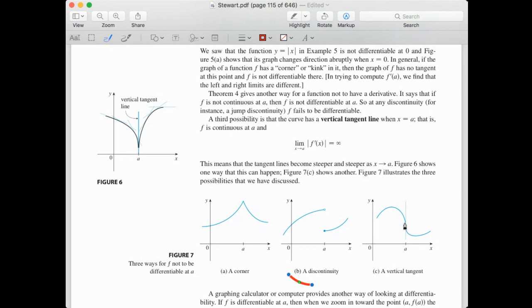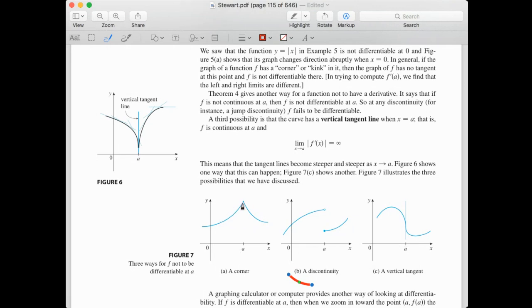So this kind of point introduces a vertical tangent line. The slope is undefined, so at the point we won't be able to talk about derivatives, because the tangent line is a vertical line and the slope is undefined.